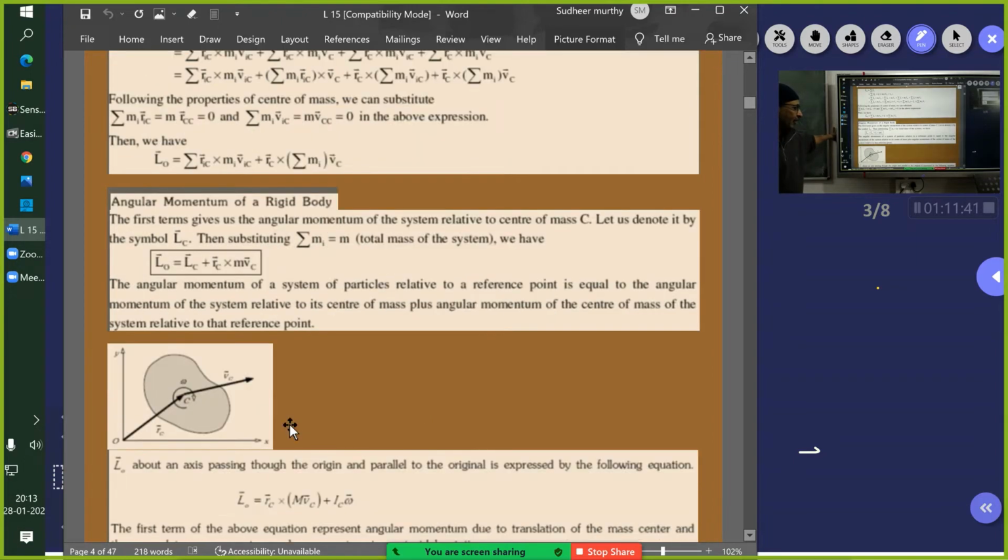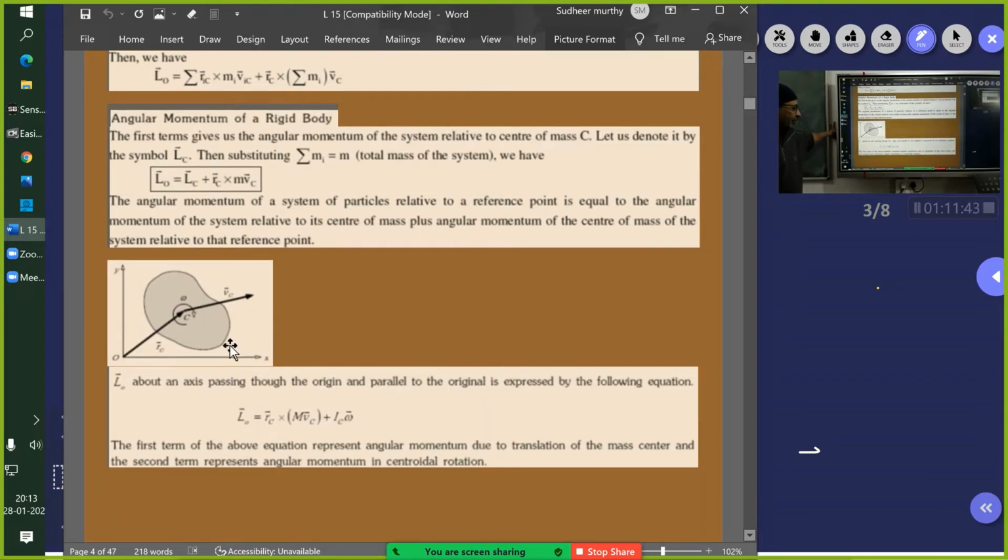See, I have made one more diagram here. You can see here, this particle is rotating and it also has VC bar. I think this is very clear. So with respect to O, what is its angular momentum?